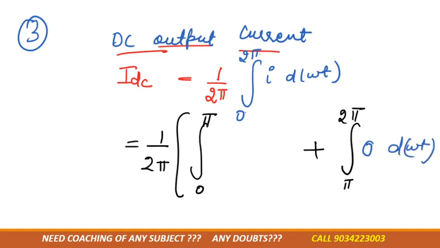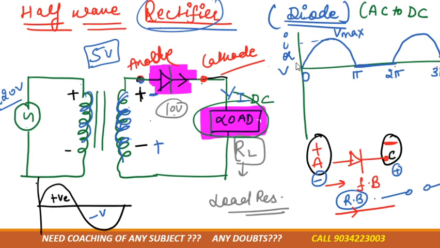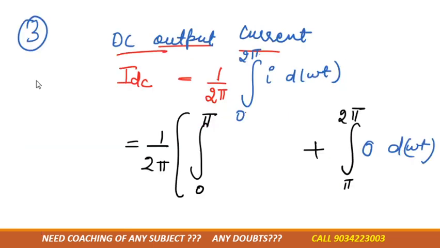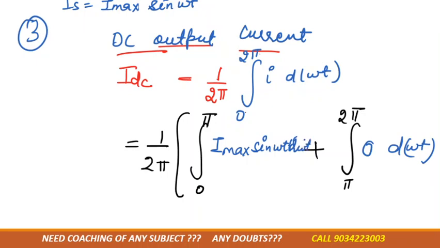And in the other case we are having the maximum current. Maximum current is the supply current. So supply current is how much? You know that supply current is, and is would be equal to the standard equation: is equal to I max sine omega t. So is equal to I max sine omega t d omega t. The 0 part would be neglected. If we solve it, that would be 1 by 2 pi I max.